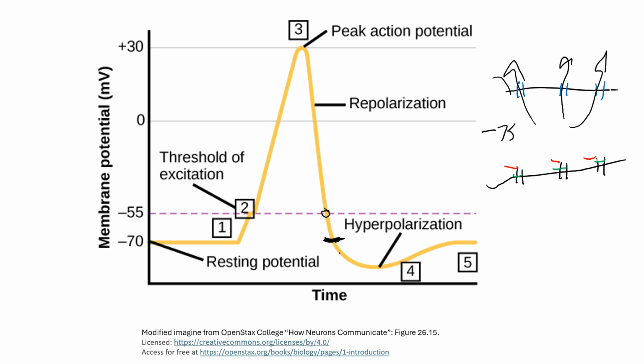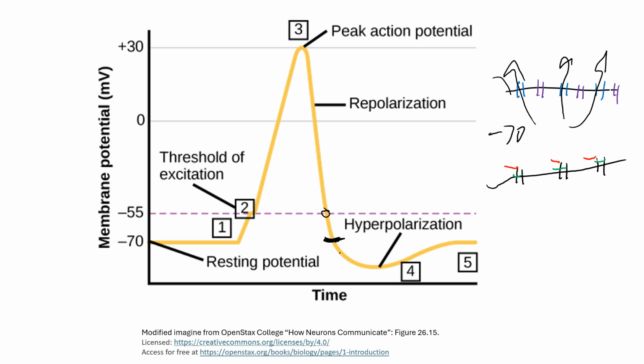So why does the interior of the hillock hyperpolarize? Why does it become more negative? And the answer is the voltage-gated potassium channels stay open. So at -70, the voltage-gated potassium channels are open, and additionally, there would be leak channels for potassium in the membrane as well.